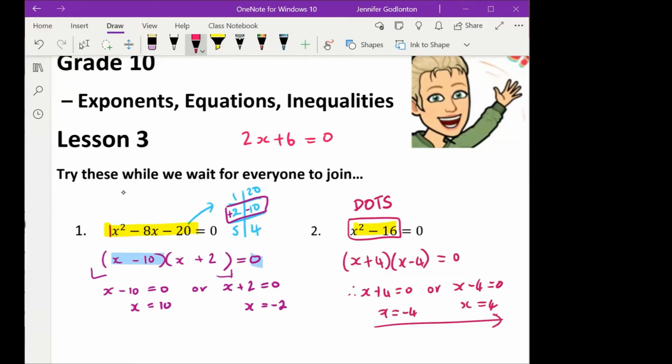Is it 4 terms? No, because I could have 2 or 3. I could have 4. Is it when you get 2 answers? I will definitely have 2 answers, but that's our final thing. How do we know from the question that it's a quadratic? Are you going to try again?